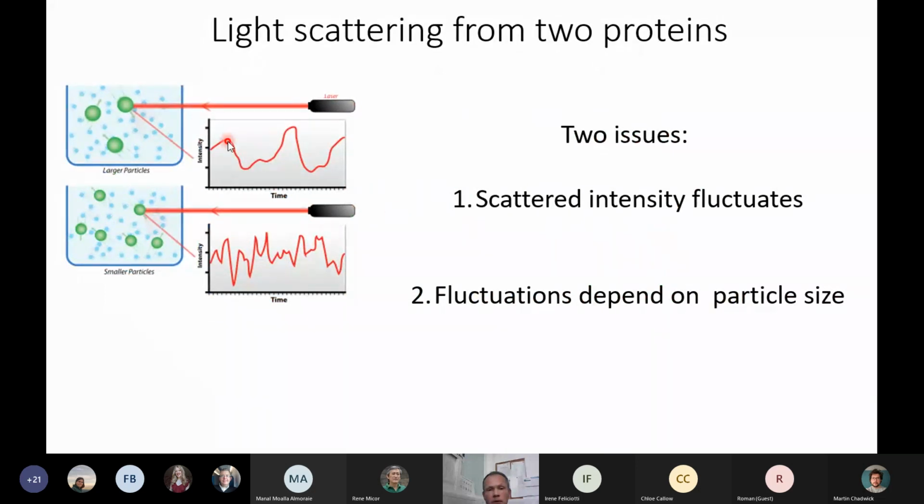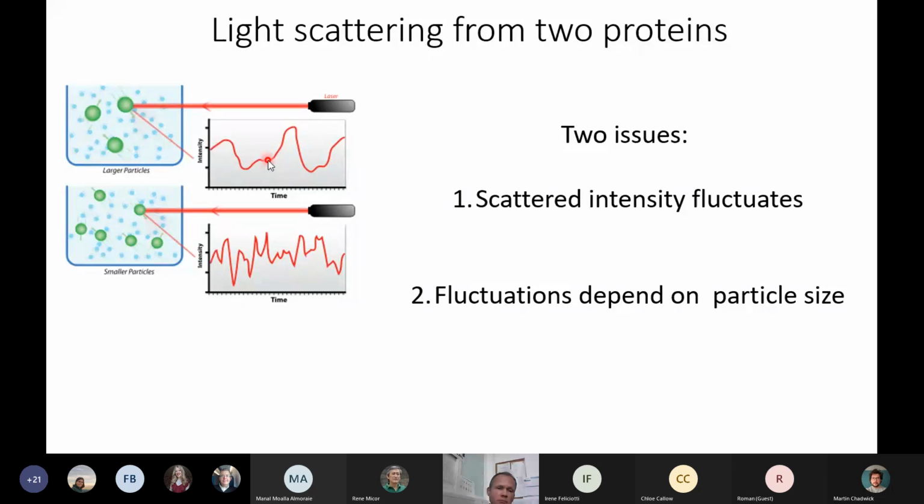First, the scattered light fluctuates. You can see that for solution A and for solution B, the scattered light is very stochastic. It's a very random value. And another issue that you can see is that these fluctuations depend on the particle size. So for the solution of a larger protein, these fluctuations are not so random.